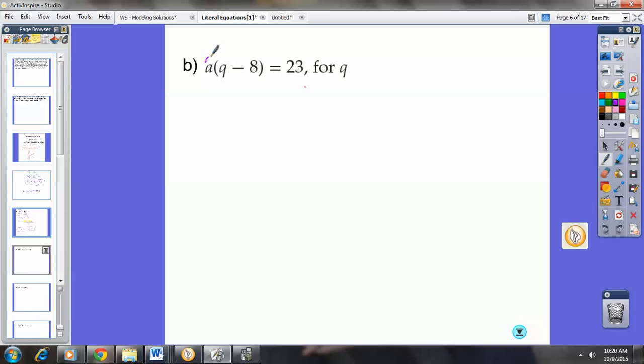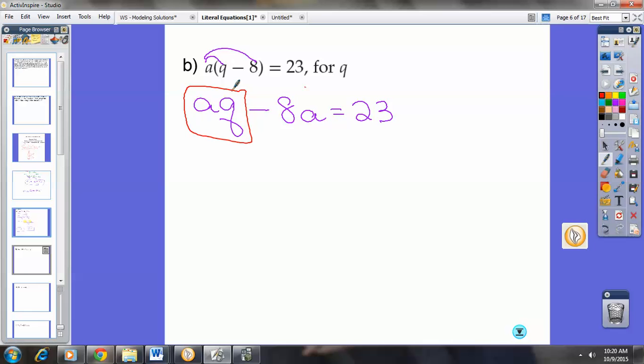Let's take a times q, which is aq. We'll write it in alphabetical order. A times negative 8, negative 8a, equals 23. We're solving for q, so you might go ahead if you like and put a box around that q term.